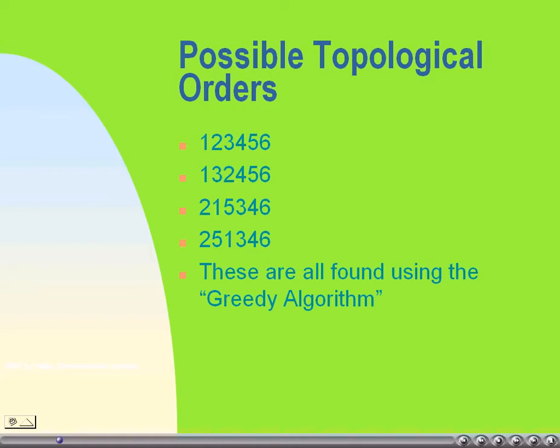So that's the above graph. The topological order of the above graph can be 1, 2, 3, 4, 5, 6 or some other combinations as shown, indicating that task 2, or activity 2, has to be completed only after completing task 1. Similarly, other precedence relationships have to be satisfied.